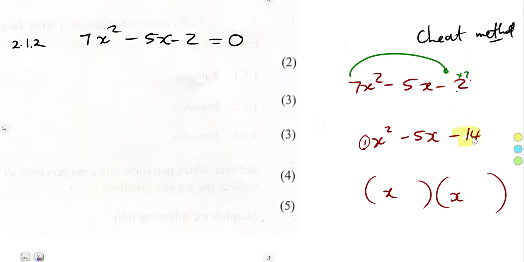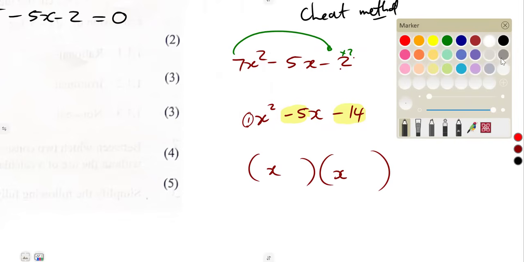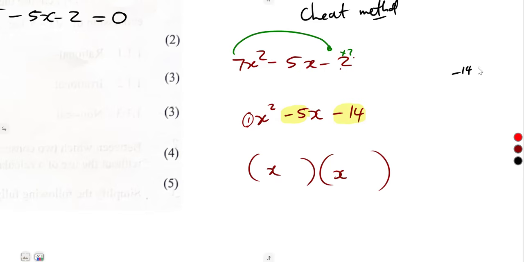And you can consider the factors of negative 14, which must add up to negative 5. Factors or products of negative 14, there are so many, guys.